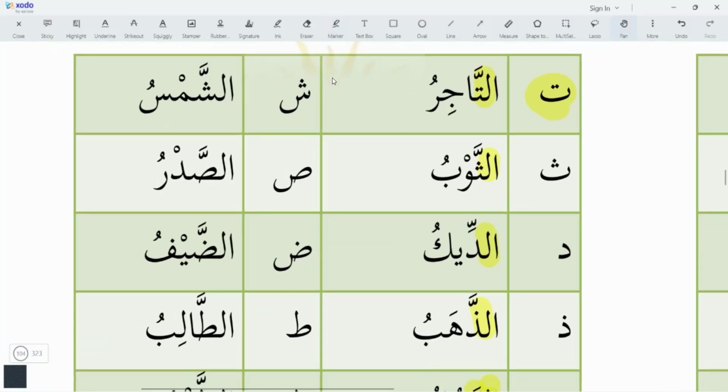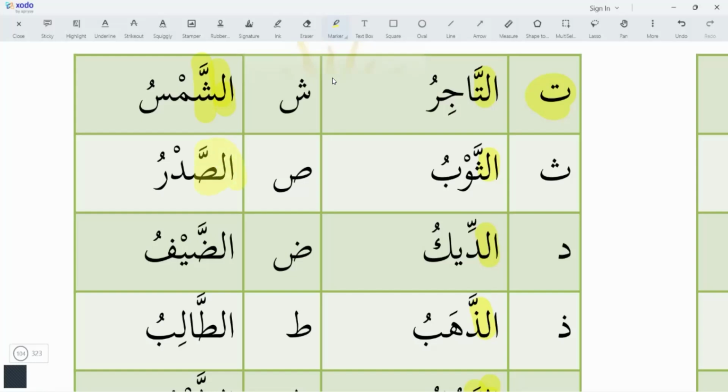Same with the other letters. Shin, ash-shamsu. Lam we will not pronounce here. Alif we will pronounce with the shin, ash-shamsu. And they all have a shadda. At-tajir has shadda. As-sawbu has shadda. Ad-diku has shadda. Ash-shamsu has shadda.